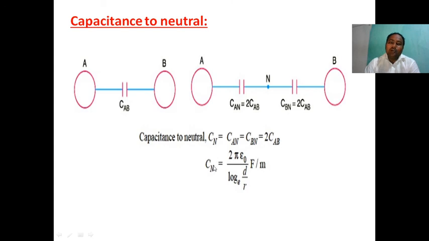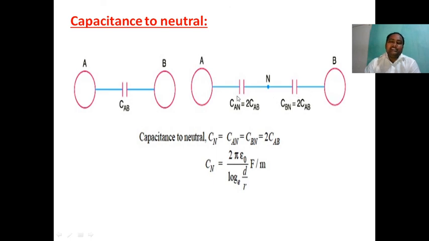What formula do we get? 2 times CAB becomes 2 pi epsilon naught by log base e D by R farad per meter. The capacitance per phase formula we get is pi epsilon naught by log base e D by R. But in the capacitance to neutral consideration, the formula becomes 2 times CAB, because every conductor to the neutral plane has one capacitance.